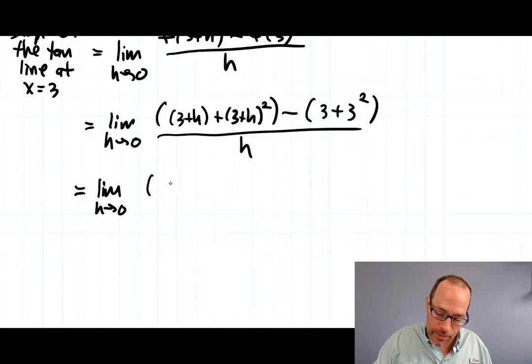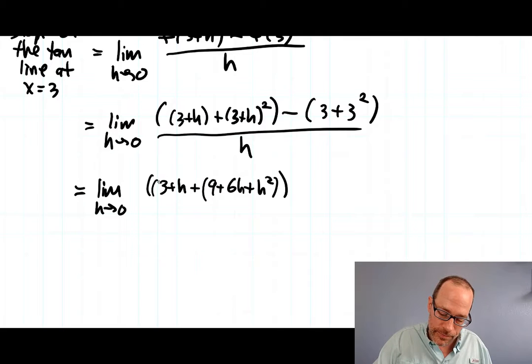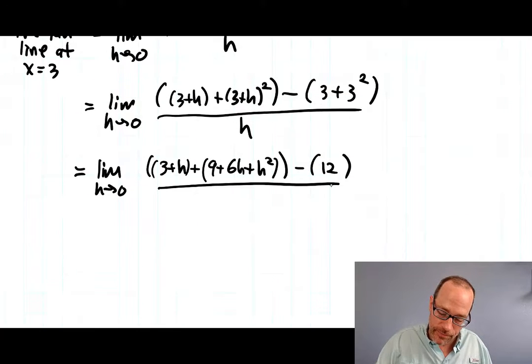So on the top, we'll have 3 plus h plus 9 plus 6h plus h squared minus, I guess, a 12 all over h.